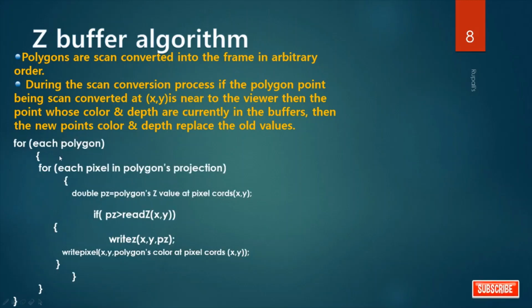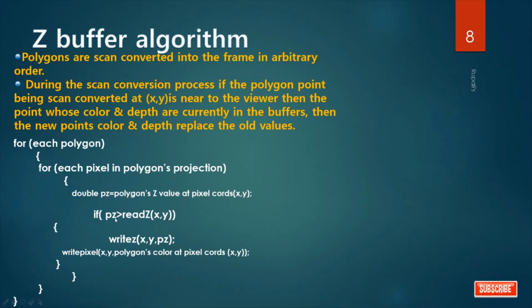And now, for each polygon that comes, and for each pixel in the polygon's projection, you have to consider each pixel. For that pixel you take the polygon's Z value at pixel coordinate x, y and store it in a variable pz.